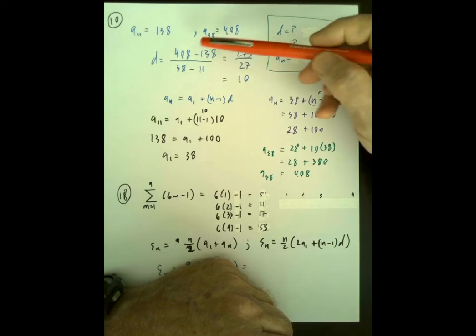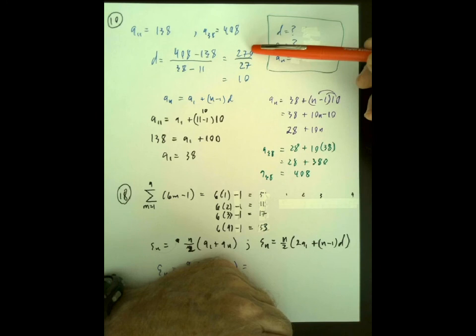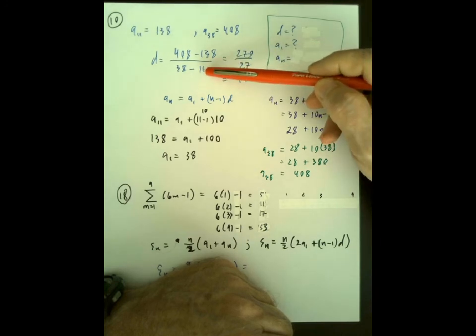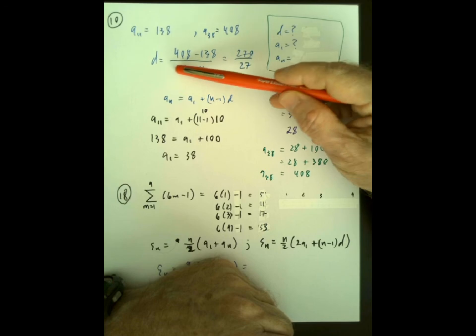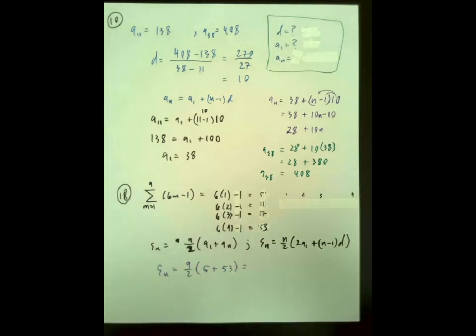We jumped from 138 up to 408, so we subtract, and we jumped a total of 270 units. We jumped from position 11 up to position 38, so we subtract that, and there were a total of 27 jumps. So we divide 270 by 27, so each jump had to be 10.